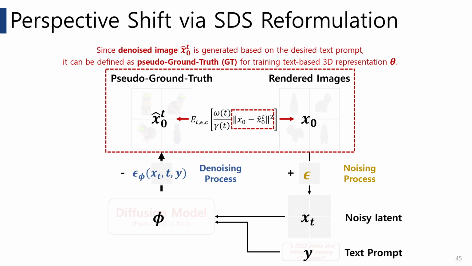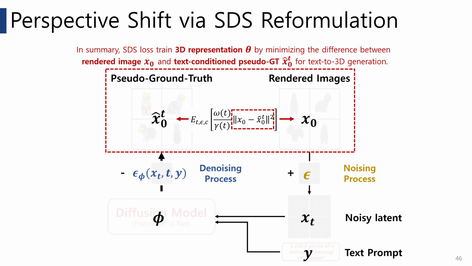Since the denoised image x hat is generated based on the desired text prompt, it can be defined as pseudo ground truth for training the text-based 3D representation zeta. In summary, SDS loss trains the 3D representation zeta by minimizing the difference between the rendered image x0 and the text-conditioned pseudo-GT x hat for text-to-3D generation.